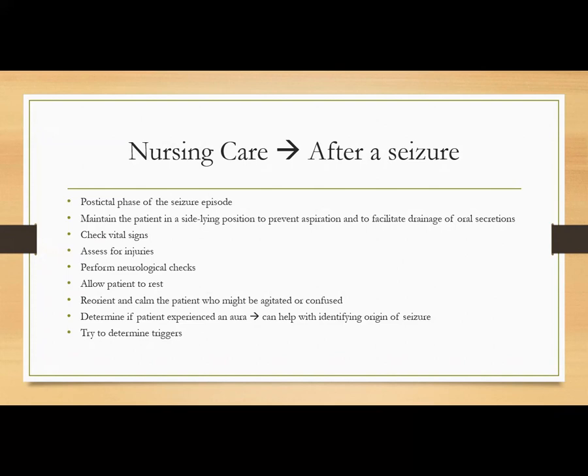You want to reorient and calm the patient who might be agitated or confused. Determine if they experienced an aura, because this can help you identify the origin of the seizure and determine any of the triggers. Like I said, the first thing you want to do right after they've had this generalized seizure is make sure they're in that side-lying position, because you don't want them to aspirate immediately after.